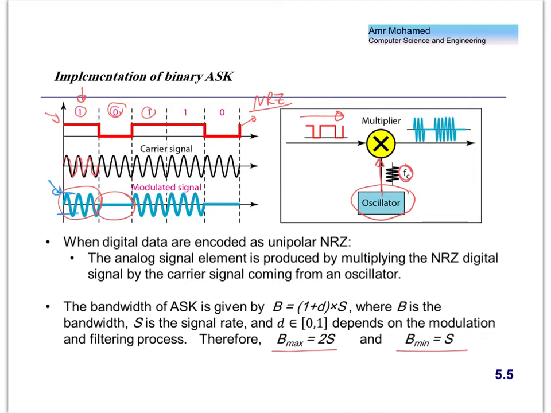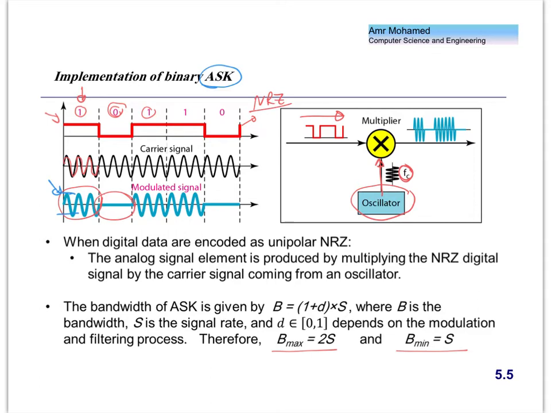And of course, we talked here about the simplest case of ASK, where we represent one symbol per bit, which means that either we have a sine wave with a peak amplitude, or a sine wave with a peak amplitude of 0.